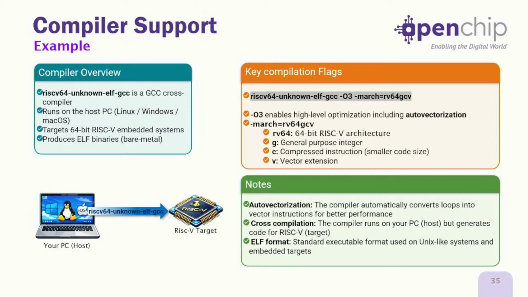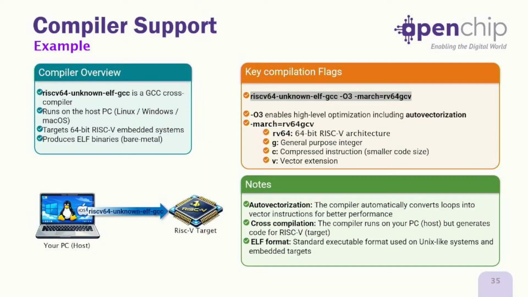And the last slide is one example of how the compiler works if you want to write code for a RISC-V unit with vector extension. You usually use a compiler, which is this one.